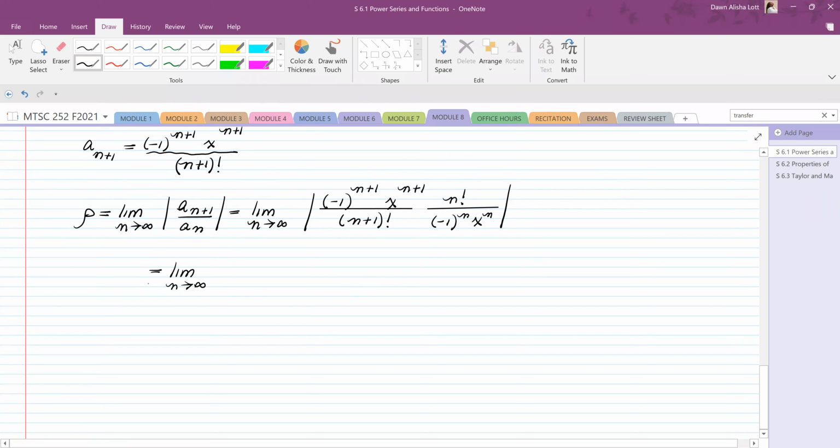Okay, so the minus ones are going to be gone because of the absolute value. So I'm going to get the absolute value of x to the n plus 1 over x to the n. And then I'm going to have n factorial over n plus 1 factorial.